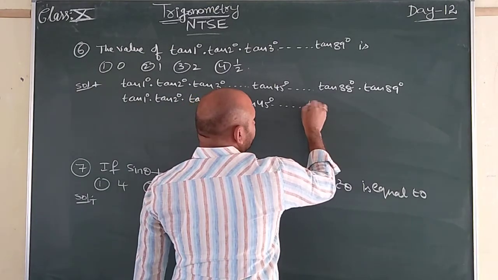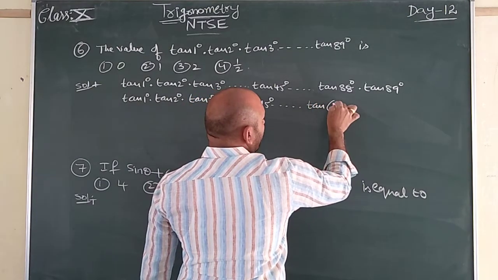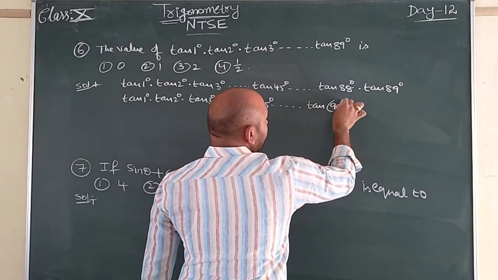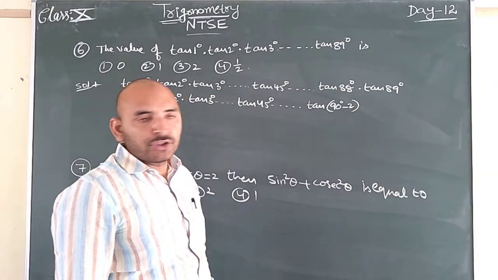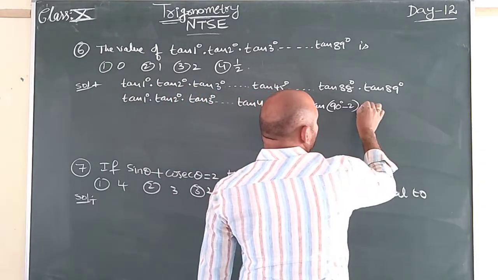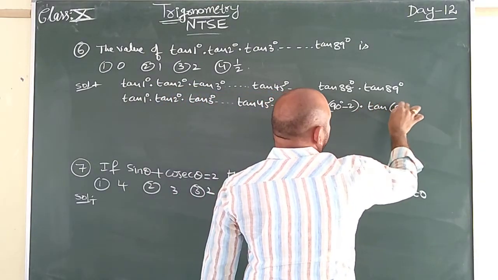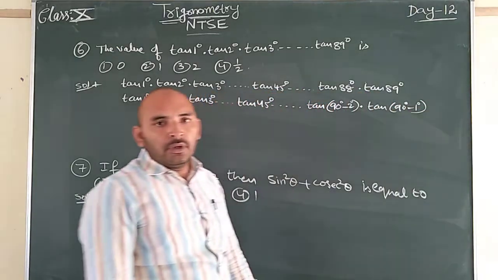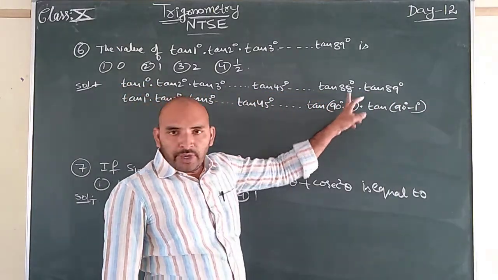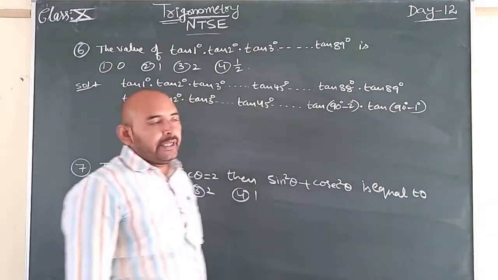Tan of 90 degrees minus 2, and tan 89 is tan of 90 degrees minus 1 degree. Observe, 90 minus 2 is 88, 90 minus 1 is 89.